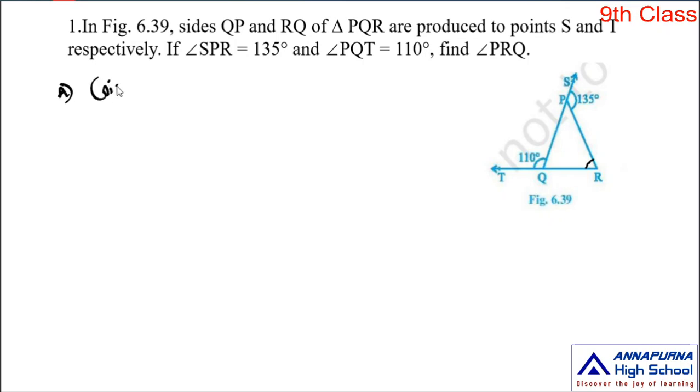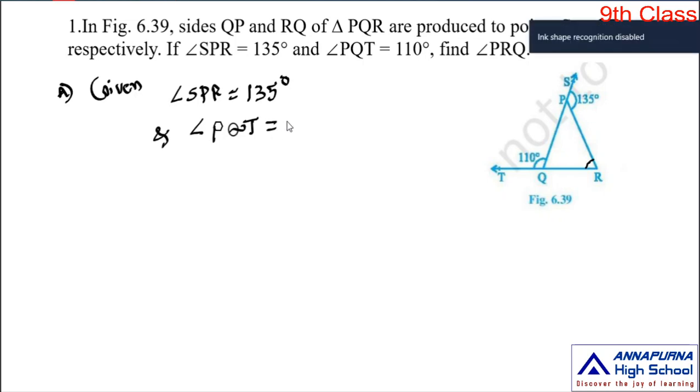Given angle SPR is equal to 135 degrees. This is an exterior angle, and angle PQT is equal to 110 degrees.